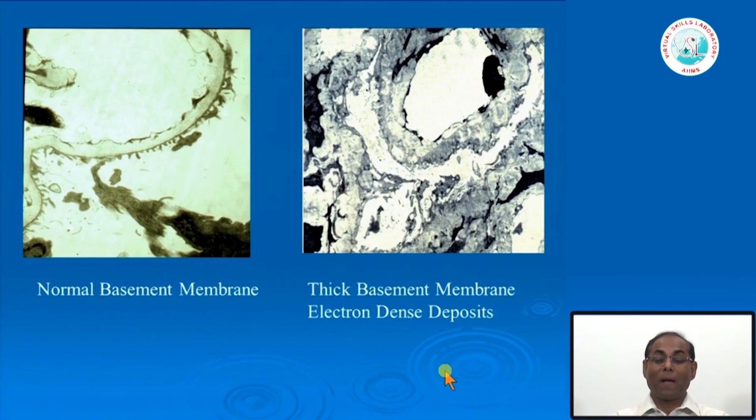But I think, at the end of this talk, what we have really described or learned is that we have gone through the gross anatomy of the kidney, then we narrowed down to the structure of the nephron, we went down to the electron microscopic level to understand their ultrastructural detail, then we came down to the molecular level to understand the glomerular filtration barrier, what are the molecules responsible for that, and finally we looked at how we examine the kidney biopsy and what tests we do: light microscopy, immunofluorescence and electron microscopy.